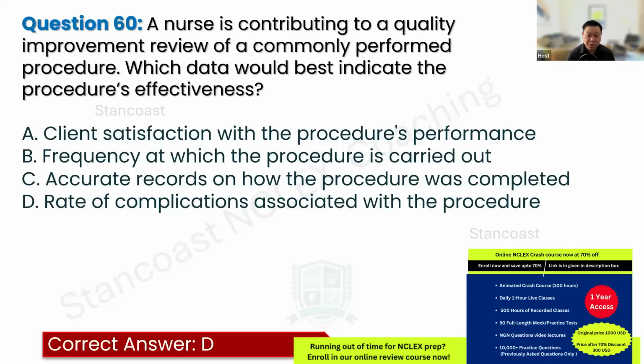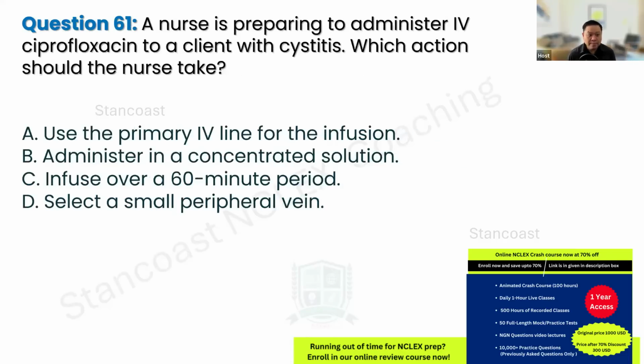Frequency of procedure use may help in resource planning, but does not reflect its efficacy. Letter C is also incorrect. Accurate documentation is valuable, but does not confirm the procedure's success or quality. So your strategy in answering this test question is to prioritize the option that can directly measure outcomes of care to determine effectiveness. Let's have number 61.